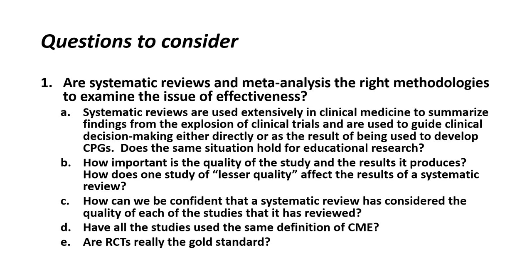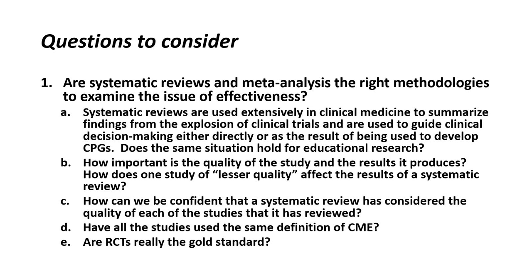And how important is the quality of the study and the results it produces? That is, in a systematic review, how does one study of lesser quality affect the results of the systematic review? How can we be confident that a systematic review has considered the quality of each of the studies that it has reviewed, and have all the studies, for example, in this particular situation, the one we're reviewing now, used the same definition of CME?